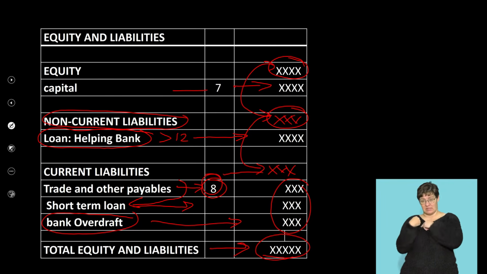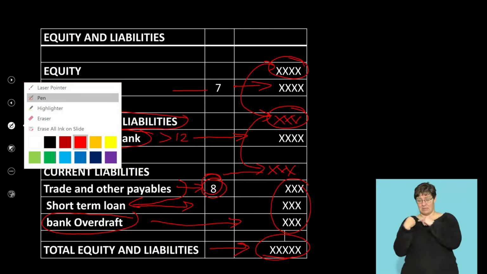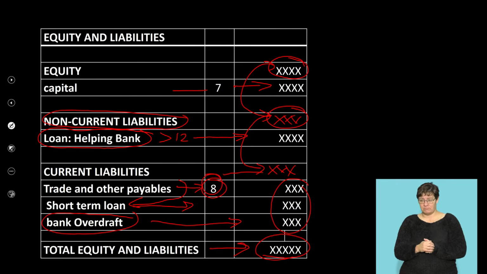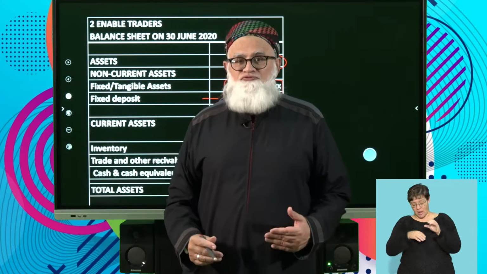What do we know from the balance sheet? We know that our total equity and liabilities, this figure here, has to be the same as my total assets. That means the top half of your balance sheet must agree with the bottom half of your balance sheet.